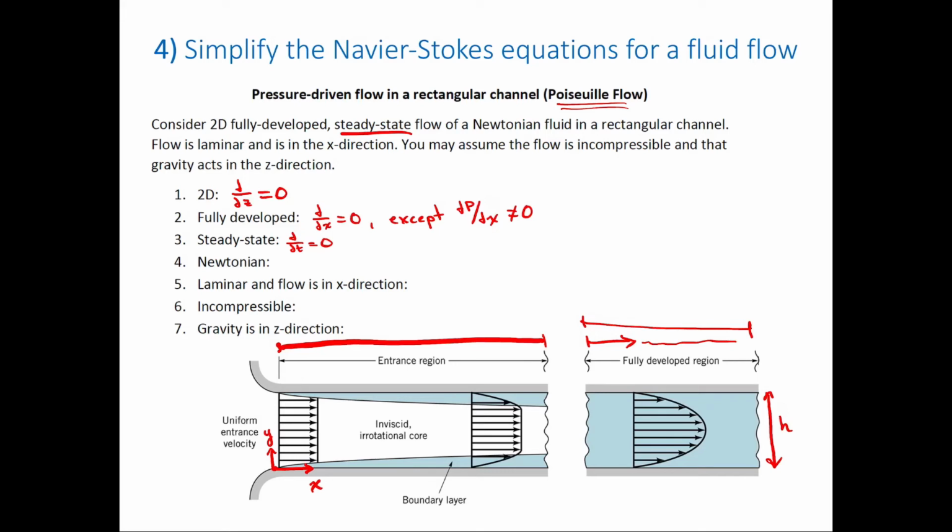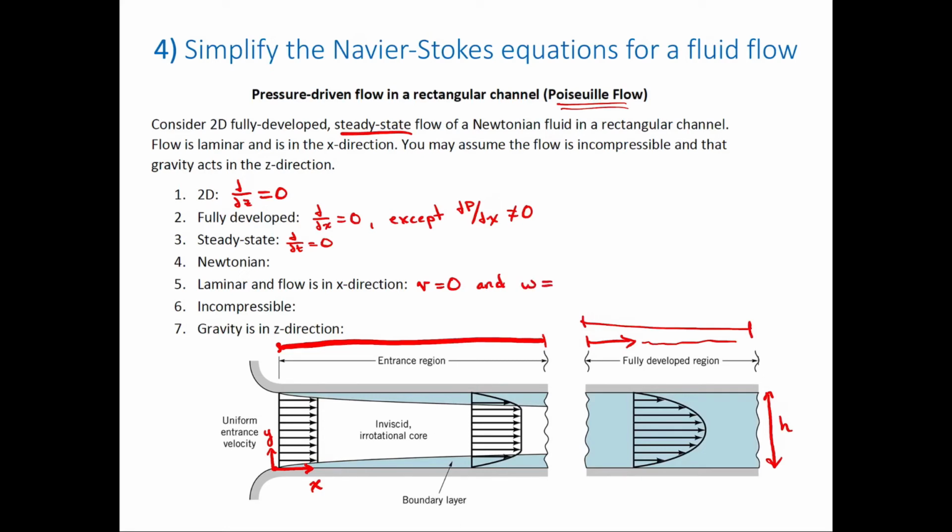Newtonian, that's going to be helpful because of where we can place our dynamic viscosity. And then we have laminar, and flow is purely in the x direction. That means our velocity component in the y direction, small v, is equal to 0.